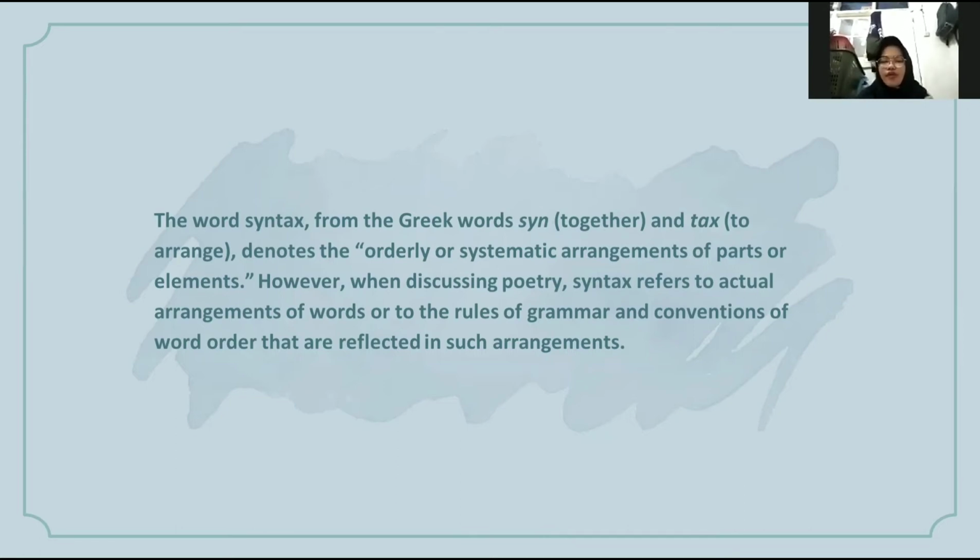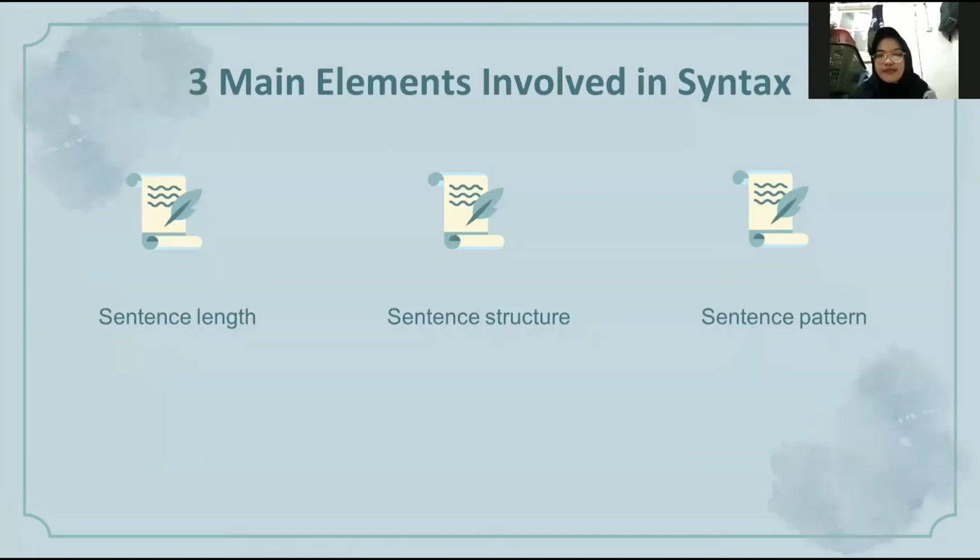However, when we are discussing poetry, syntax refers to the actual arrangement of words, or the rules of grammar and convention of word order that are reflected in such arrangements.